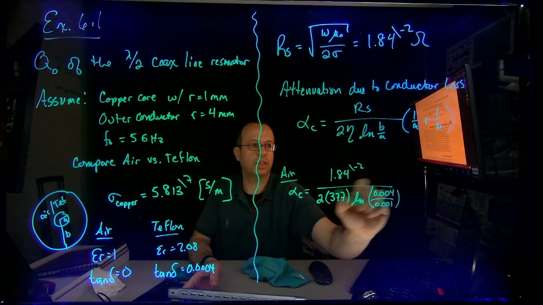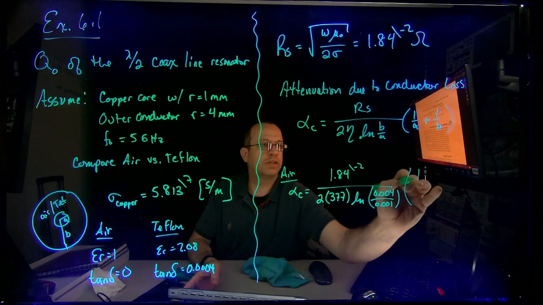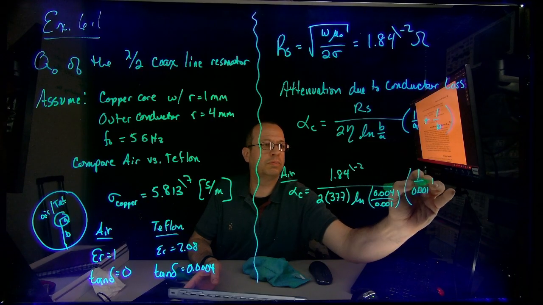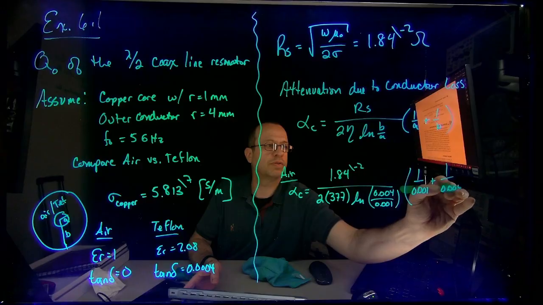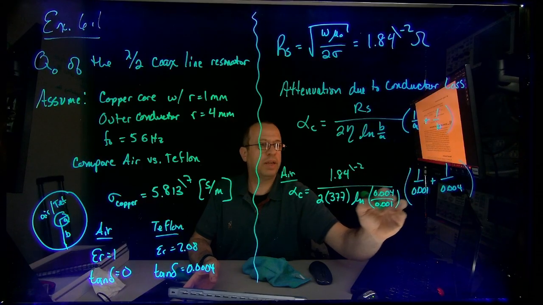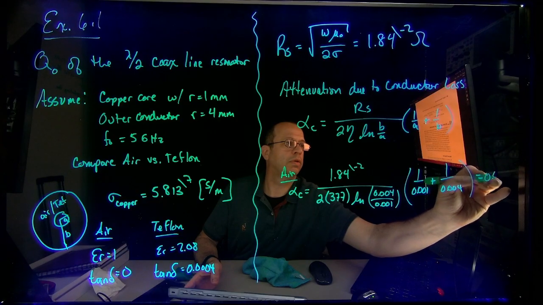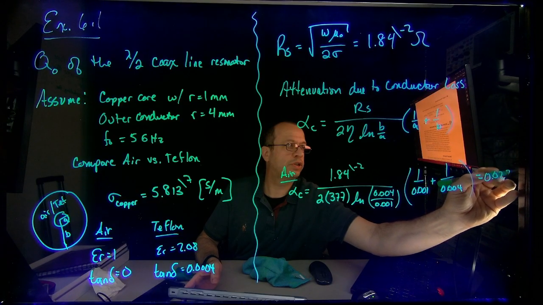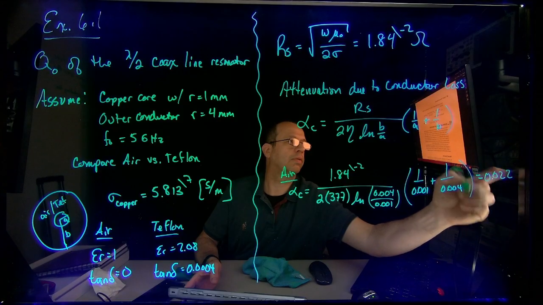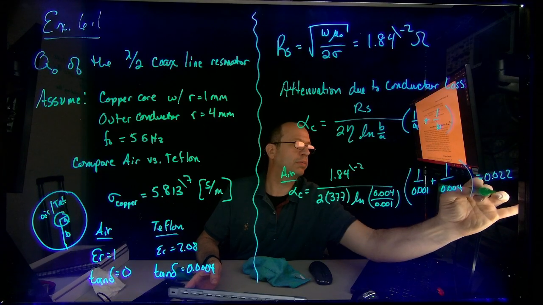So it's essentially ln of 4. And then this is 1 over 0.001 plus 1 over 0.004. And we end up with an answer of 0.022, and it's actually in Nepers per meter.